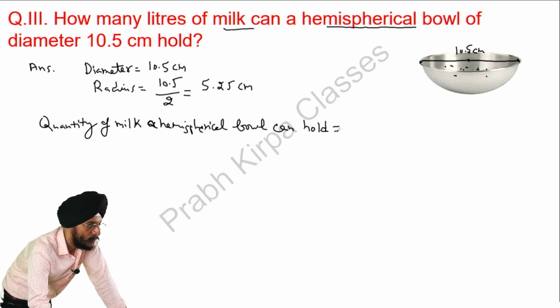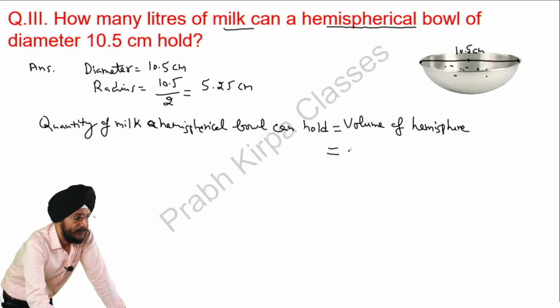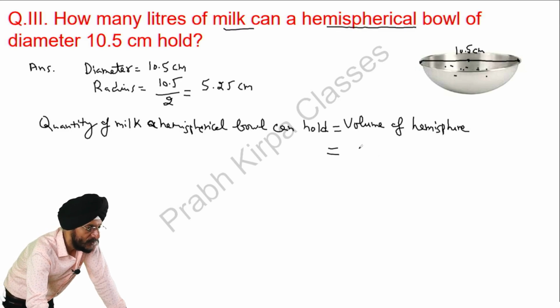It will be equal to the volume of hemispherical bowl or hemisphere. Now, what is the formula to calculate the volume of hemisphere? It is 2 over 3 pi r cube.